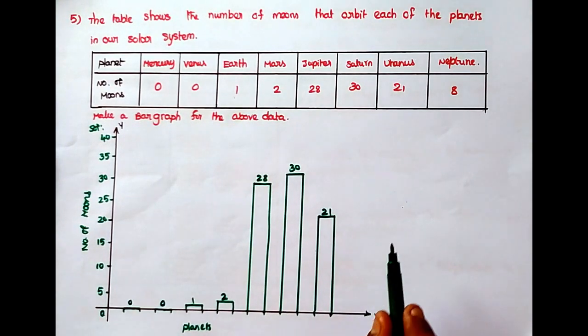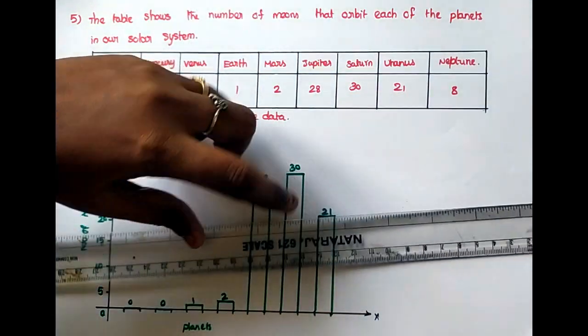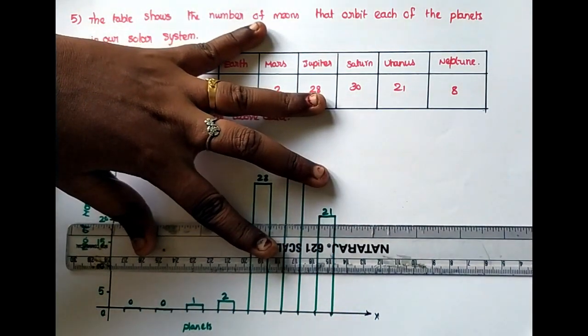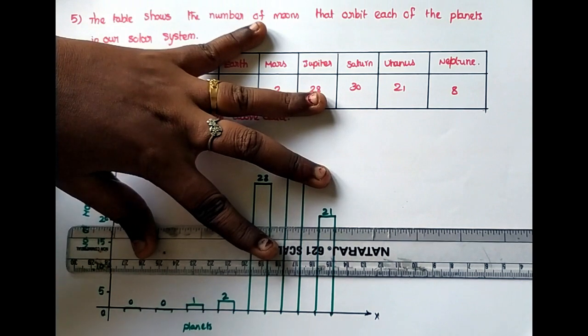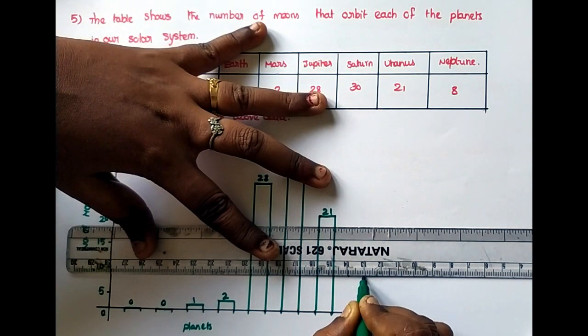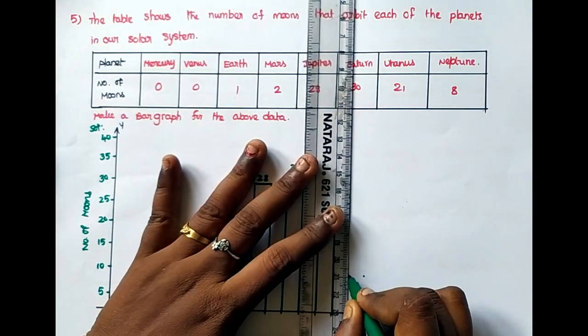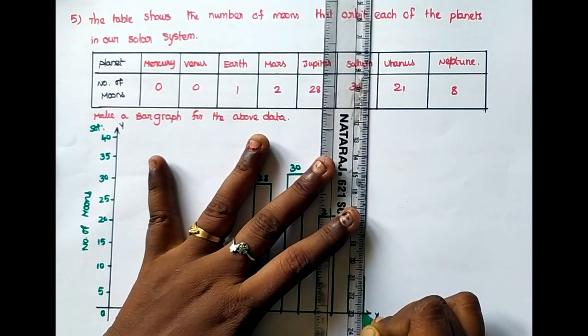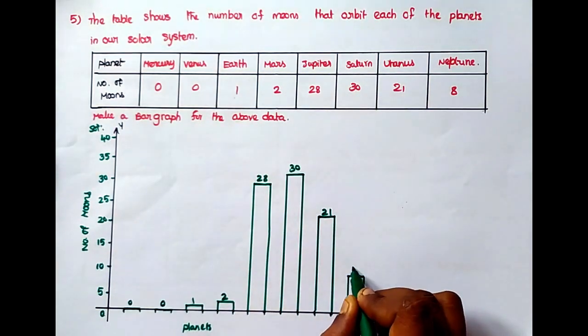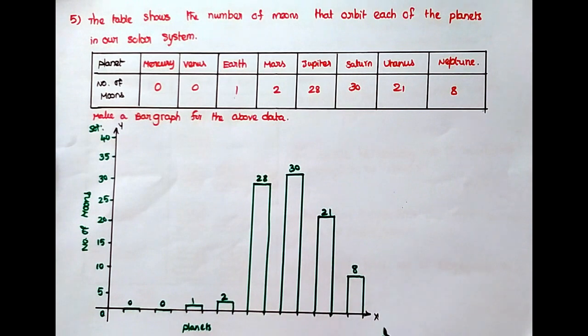In Neptune, 8 moons there. So, here 8, that is Neptune.